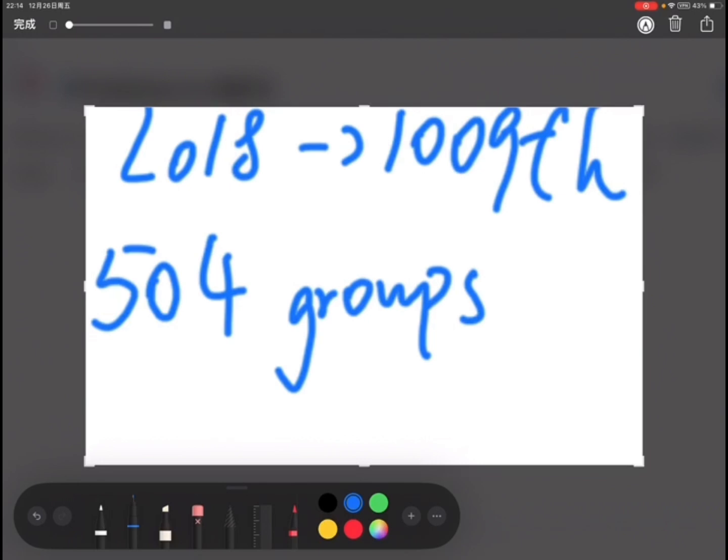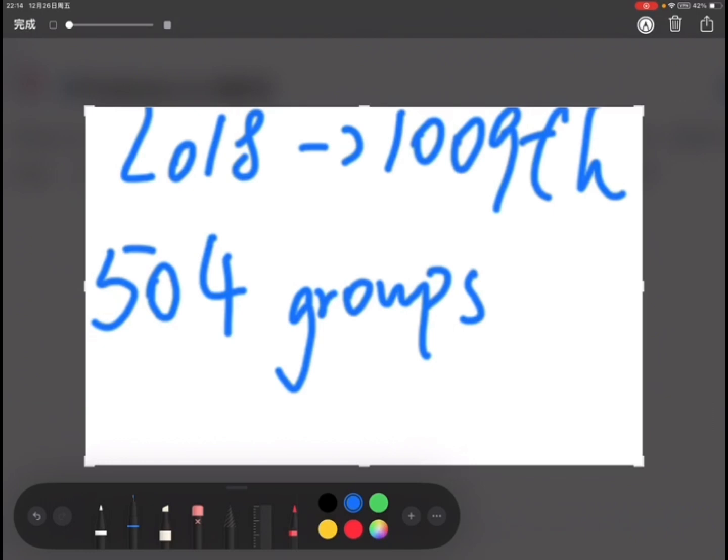So what is that left out even number? Because there are 504 groups, we know that up to number 504, they're in a group. Number 505 is not in a group, unfortunately.